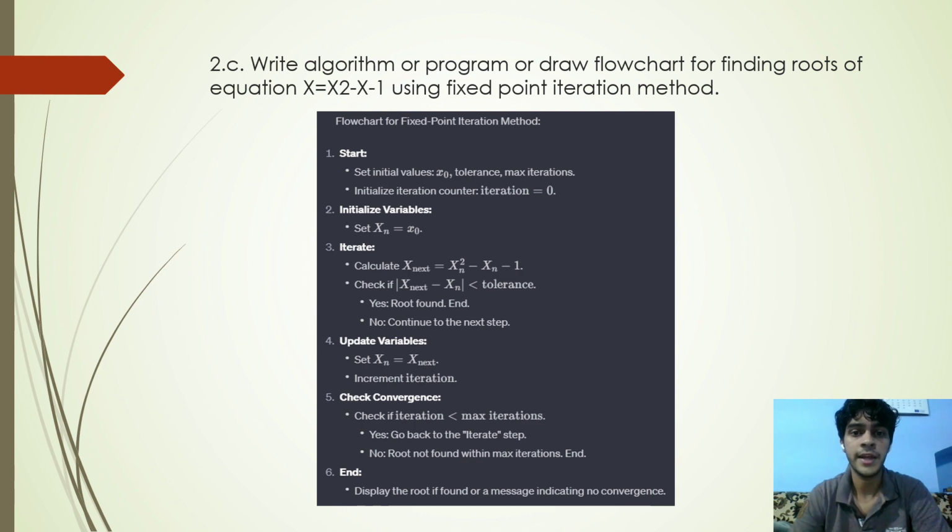Third, iterate: calculate x_next equals x² - xn - 1. Then check if the mod of x_next minus xn is less than the tolerance. If yes, root found; if no, continue to the next step. Fourth, update the variable: set xn equal to x_next, increment the iteration, and check convergence: check if the iteration is less than max iteration. If yes, go back to the iterate step. If no, root not found within the max iterations, end. And the last step, end the whole flowchart.